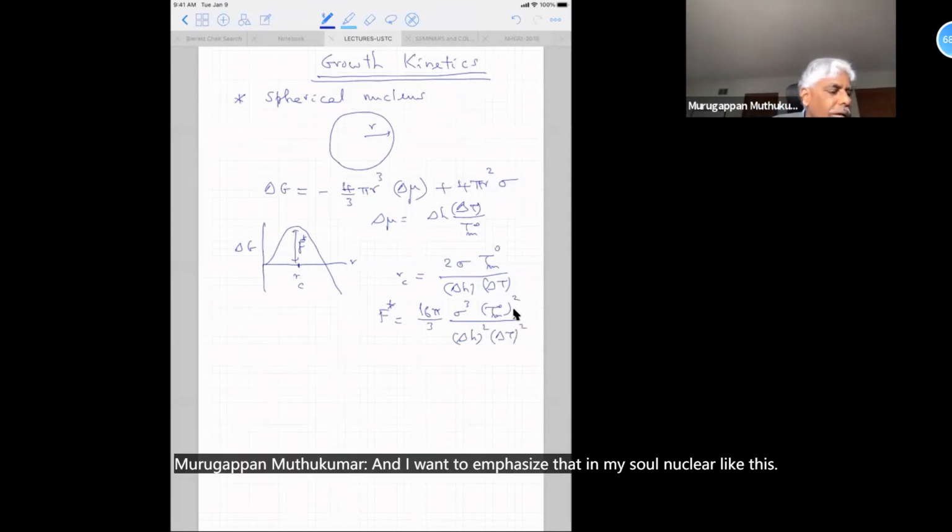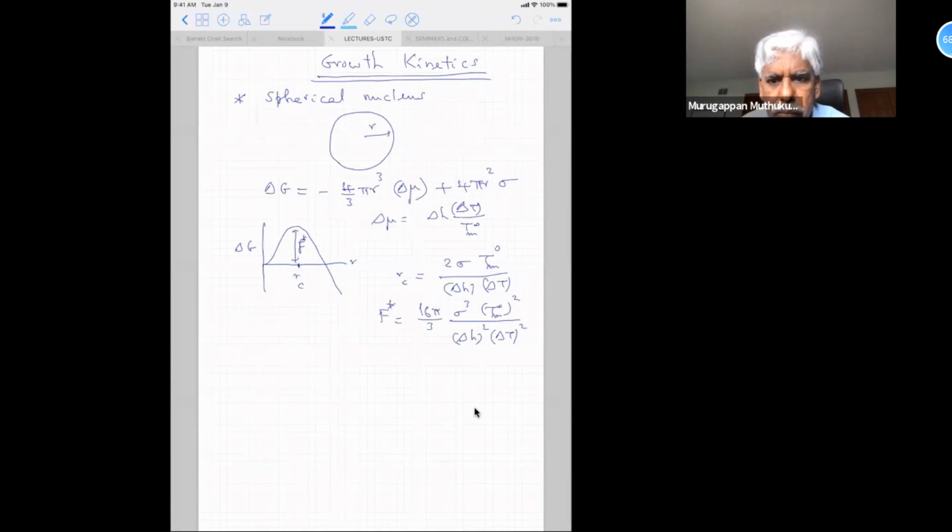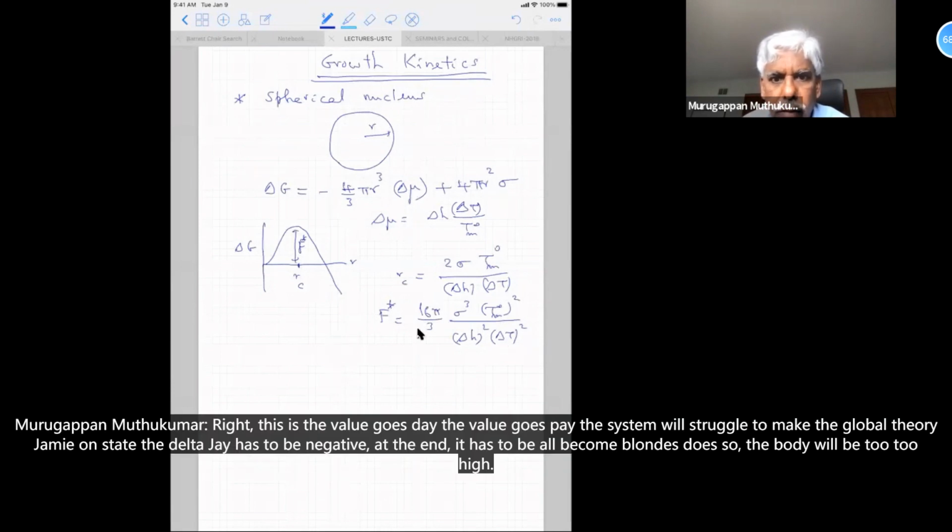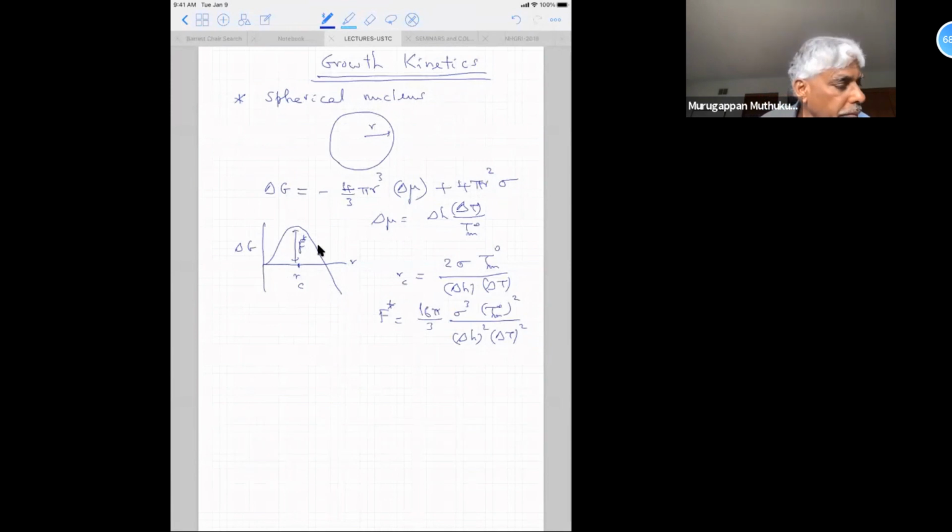And I want to emphasize that in three-dimensional nucleation like this, when delta T is small, the barrier goes big. The system will struggle to make the globally free energy minimum state because delta G has to be negative at the end. R becomes large, so the barrier will be too high.